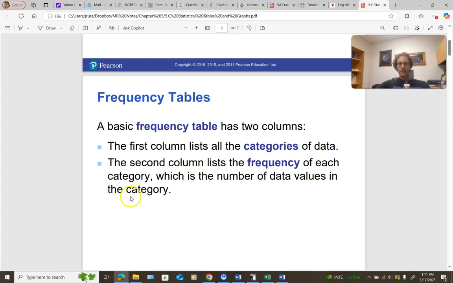And so in your frequency table, your first column would just list the different colors. And then the second column would list the number of people that said that that particular color was their favorite. So for the color red, that would be your category. If 10 people said that red was their favorite color, then that would be the frequency.